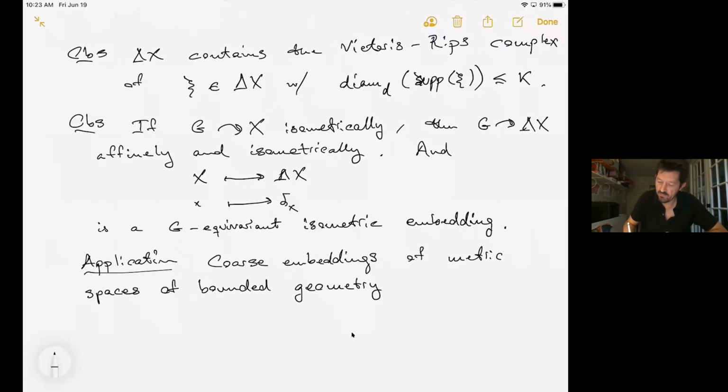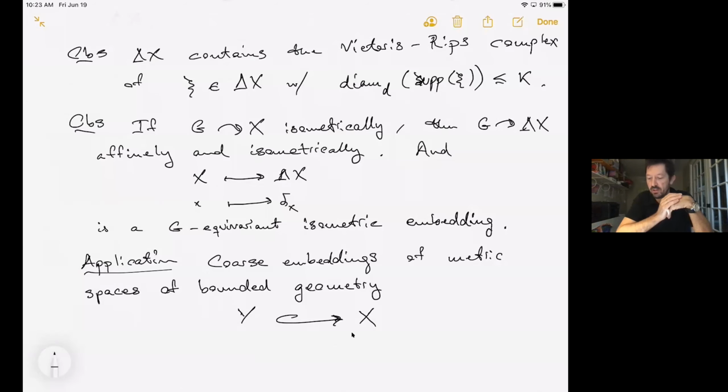Okay, so if I have a space Y and some embedding of Y into X, this is what we call a coarse embedding. Or you can have some discontinuous map that doesn't disturb the geometry too much.